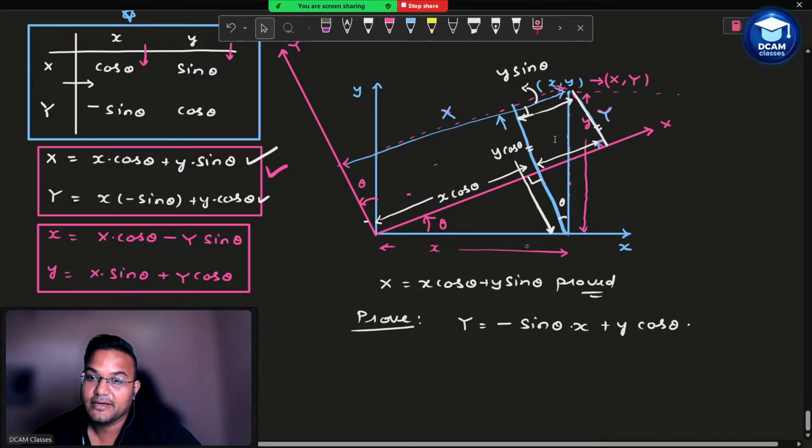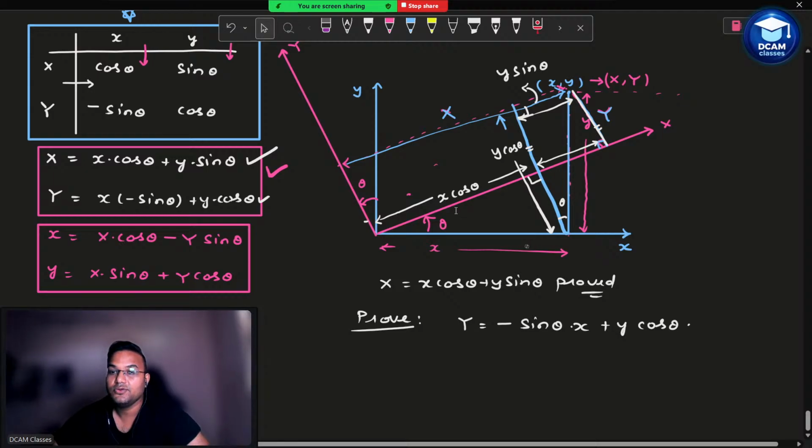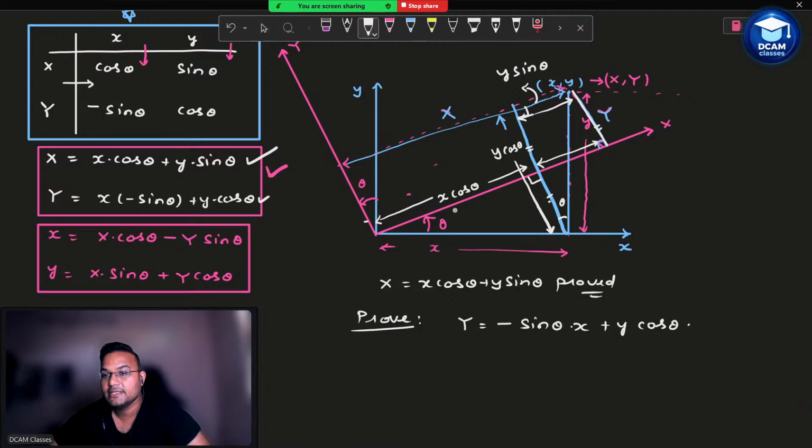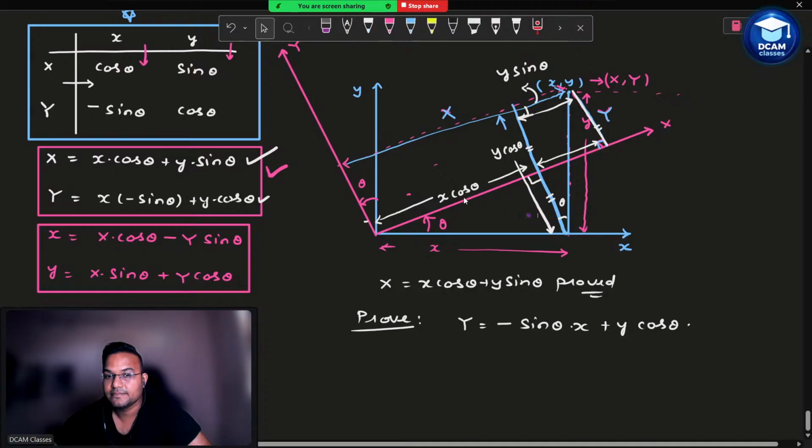Now you got the idea. Some idea you have got. Now I want only this distance. Y cos theta minus x sin theta. Sir, I understood one thing. Tell me. Sir, basically you told y is parallel to that.